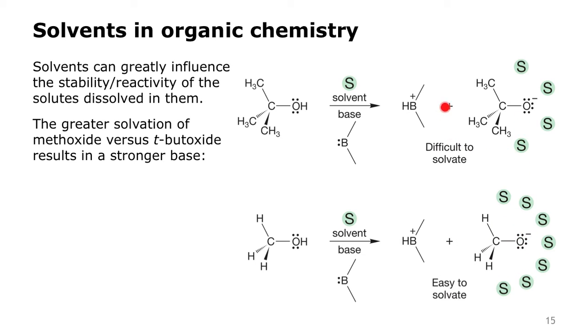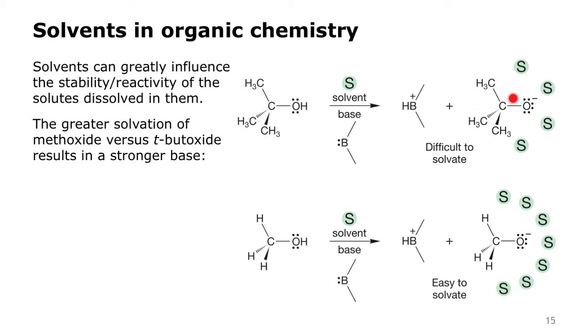The t-butyl group, because it's a large alkyl group, in a sense kind of keeps the solvent molecules away. It pushes them away. It makes it difficult for these solvent molecules to approach closely to that negative charge. And so this anion, while it's a negatively charged oxygen, because of the shape of the alkyl group, it's less well solvated and less stable in solution.